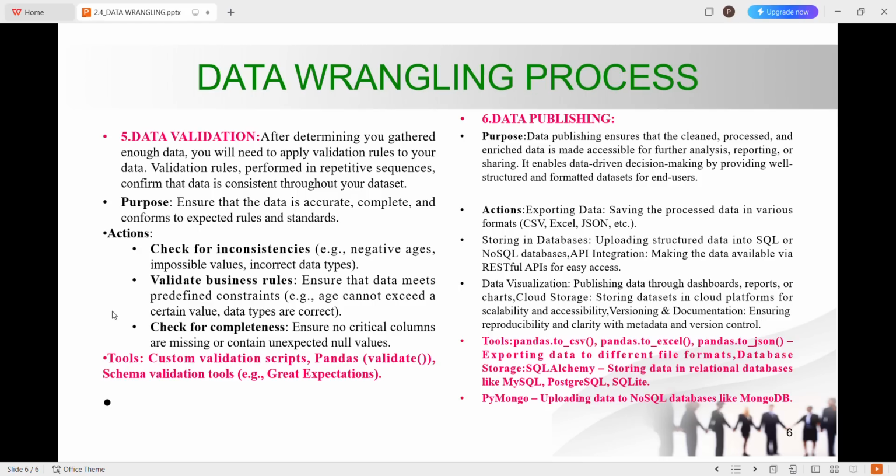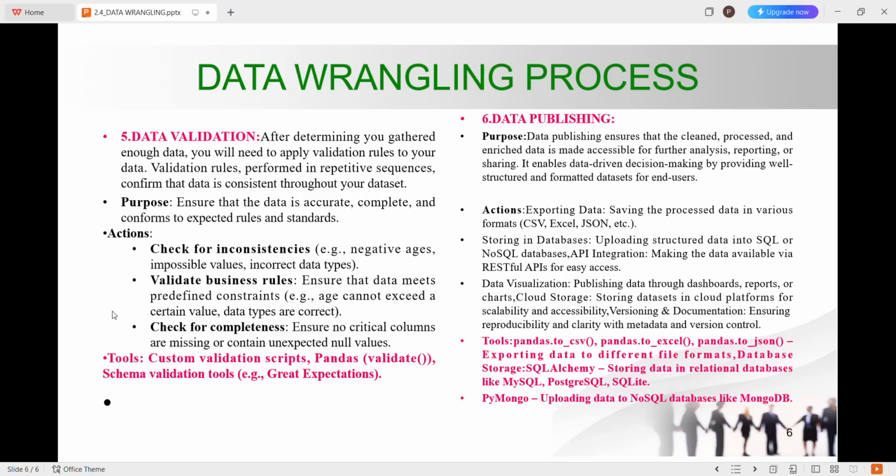You can show the outputs through dashboards or reports. Also, you can store the data in cloud storage for easy accessibility, or you can document it and reproduce it with clarity. Any of the data publishing tools could be used.